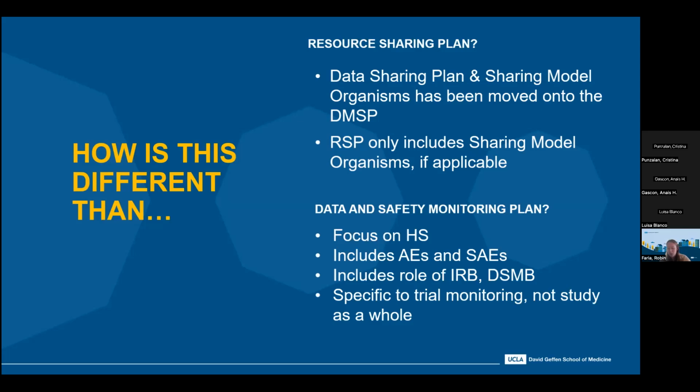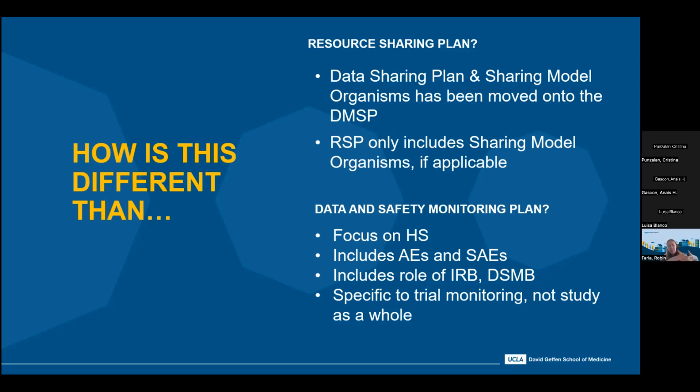It's that traditional document that would include adverse events and serious adverse events, and describe the role of the IRB or the Data and Safety Monitoring Board, if you have one, and is specific to trial monitoring, meaning this plan only applies to the portion of your study that is related to the human subjects, not to the entire grant application as a whole.